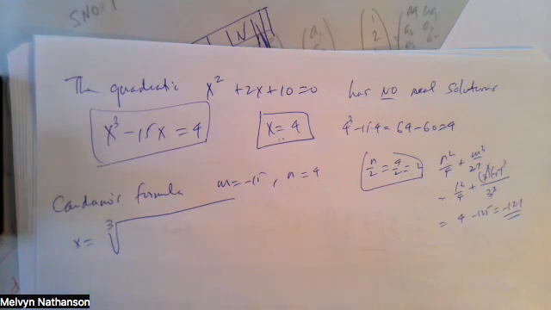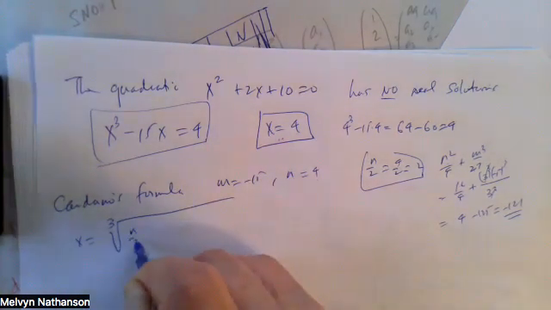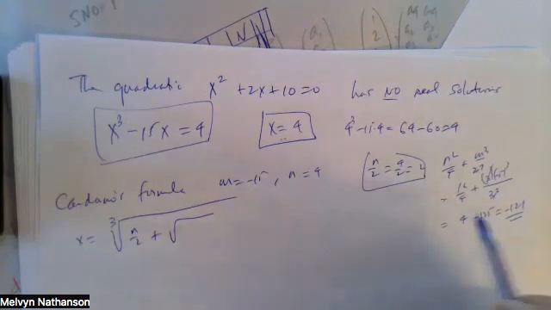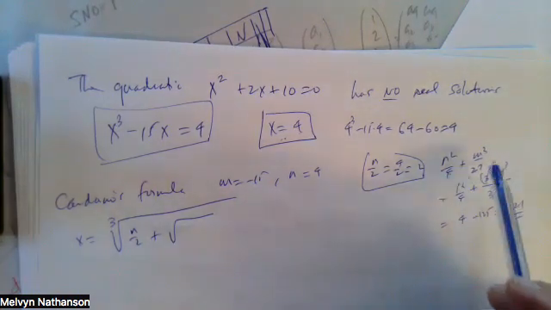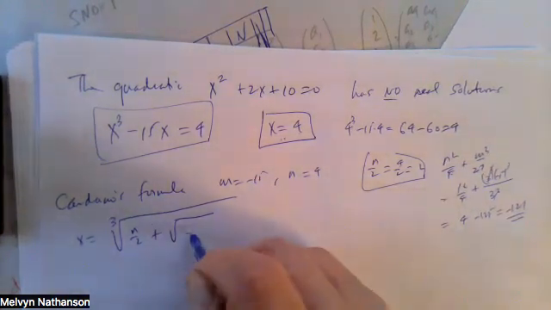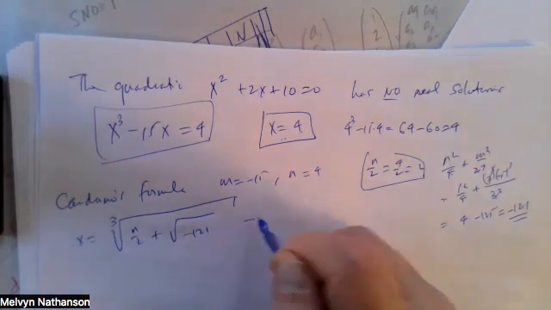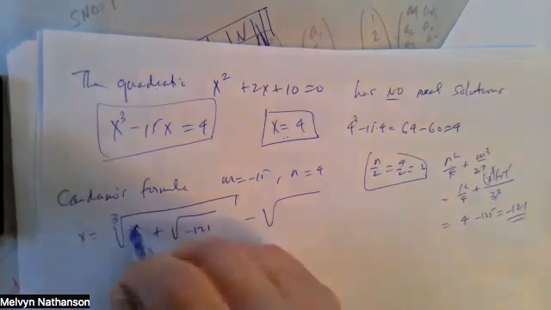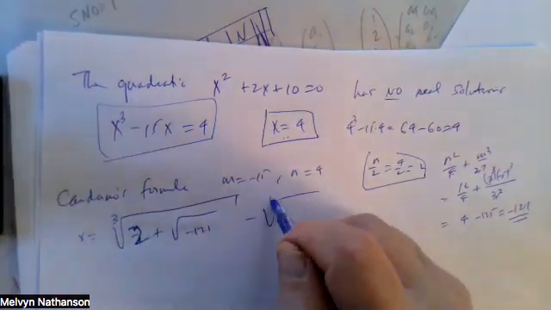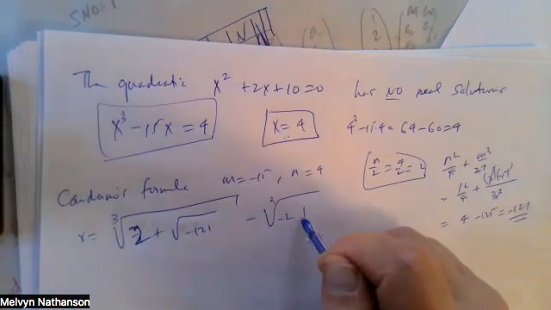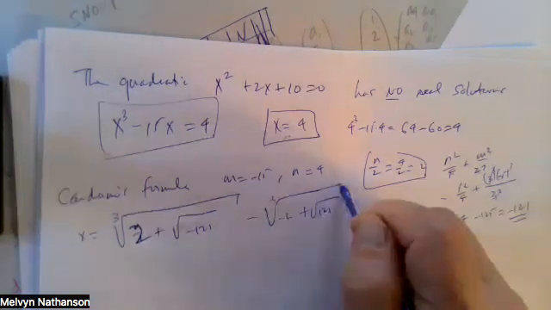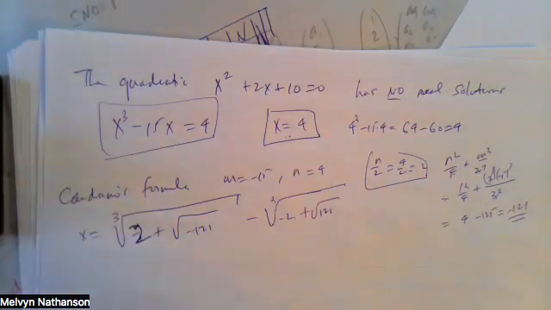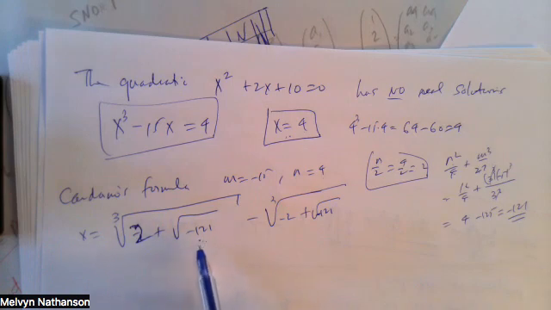So x is equal to n over 2 plus the square root of n squared over 4 plus m cubed over 27. This is 4 over 2, this is 2, minus the cube root of minus 2 plus the square root of minus 121. And now we have a problem because these square roots are not real numbers.